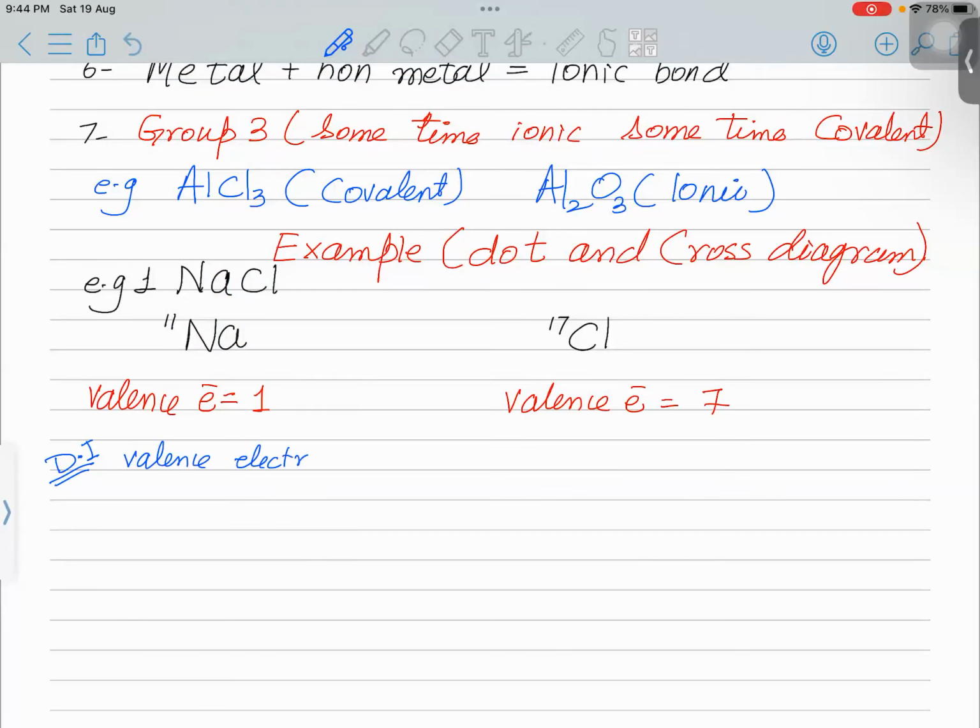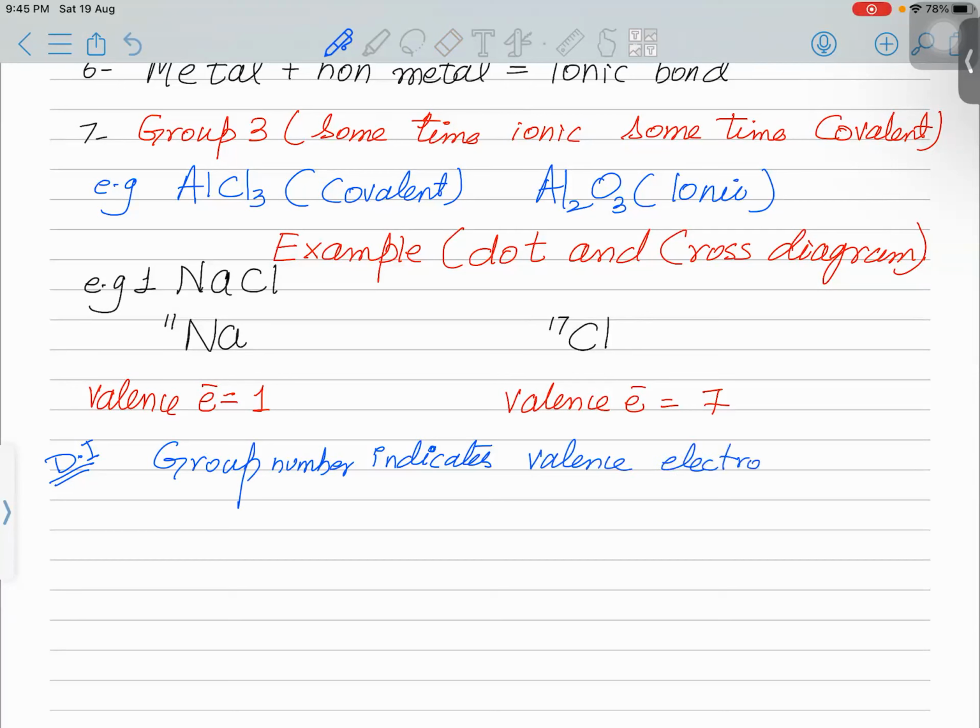Write: group number indicates valence electron. Can you tell me what valence electrons are?